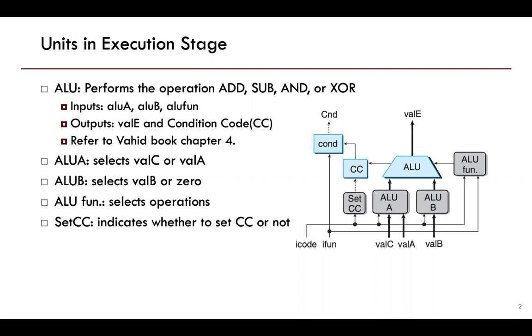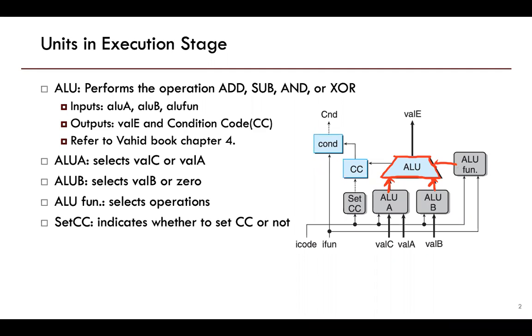First is the main component of this stage, which is the ALU. It performs operations like add, sub, AND, or XOR. It takes two data inputs, ALU A and ALU B, and one control signal, which is ALU fun.